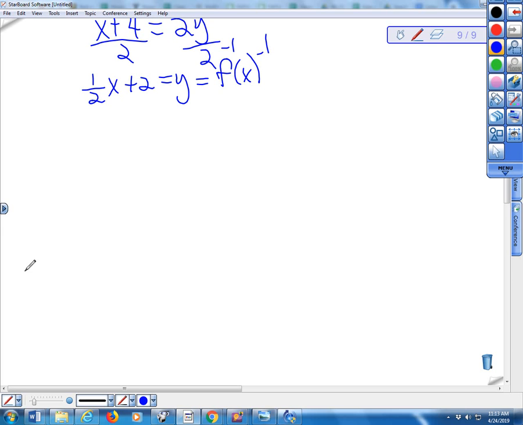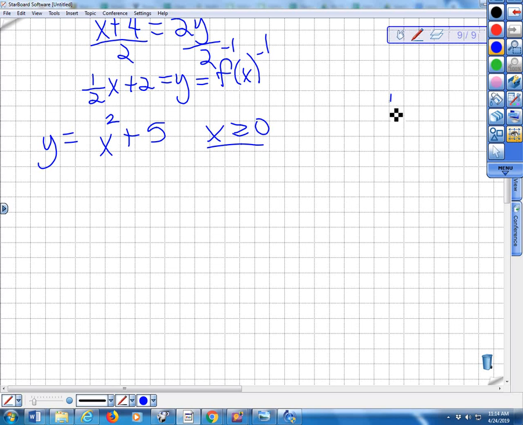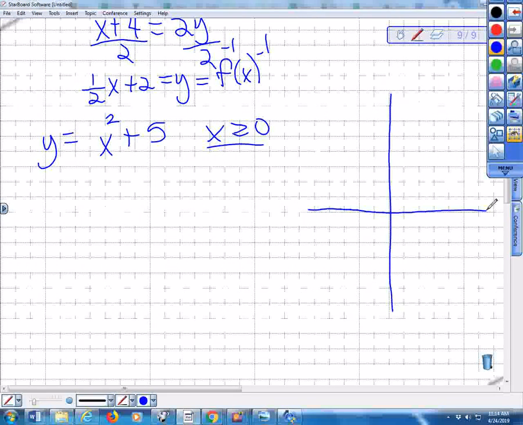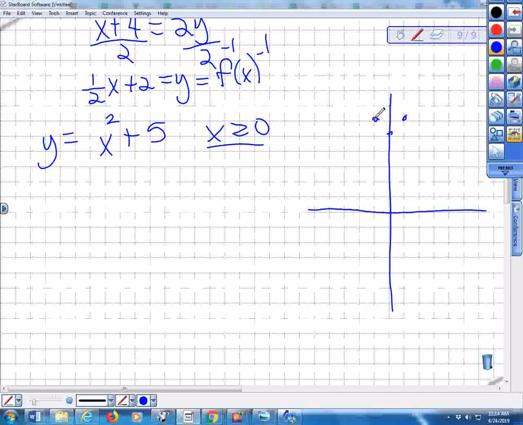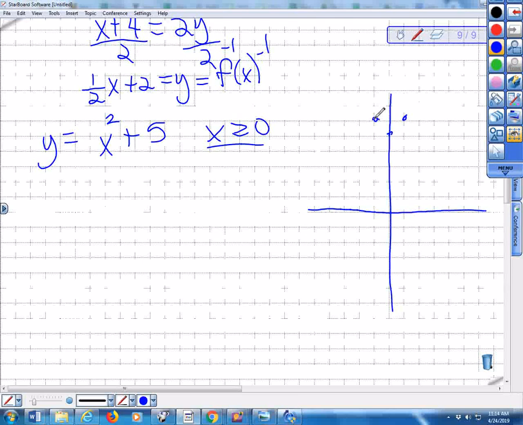Next one. The reason they did this is if I were to graph x squared plus 5, it's just the graph of x squared moved up 5, which is, what is it? 2, 4, 0, 1, 2, 3, 4.